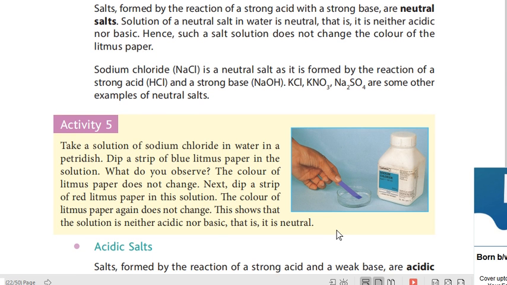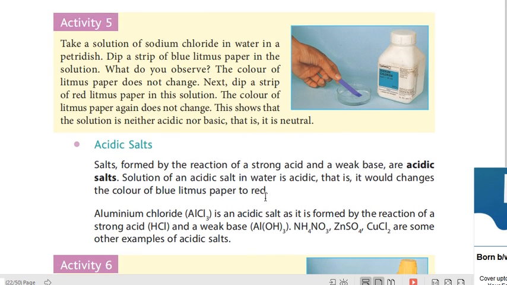If we put either red or blue litmus paper in the solution, there will be no change. Okay, means the solution will remain the same and the paper will remain the same color. So it will be a neutral salt.